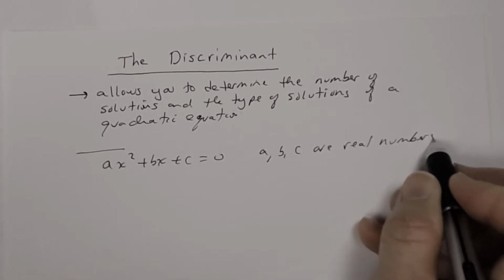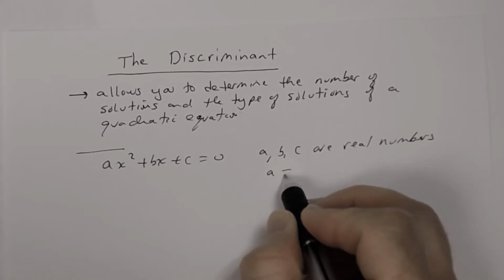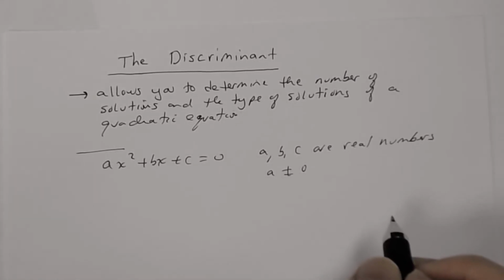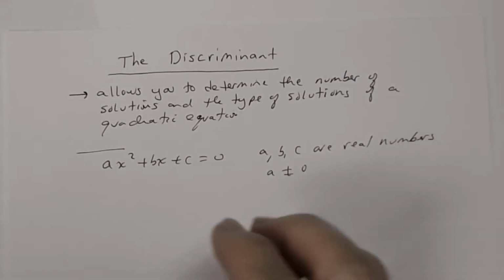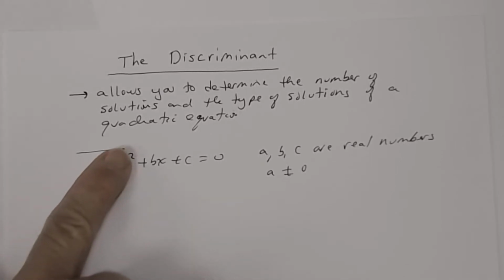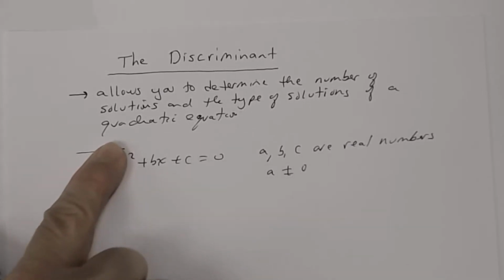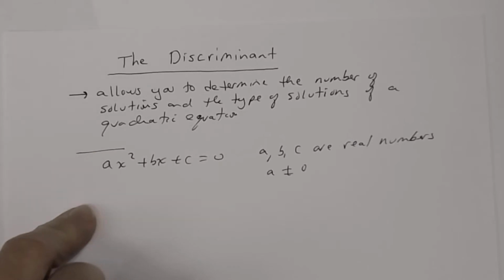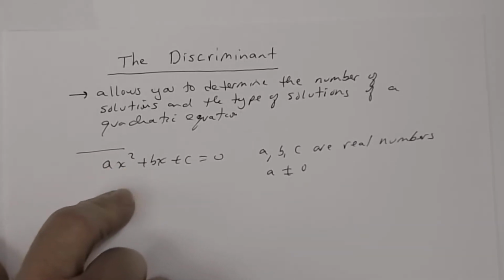And you were also told that a could not be 0. So a could be any real number, but a could not be 0. And remember, the reason for that is because if a is 0, you're left with a linear equation instead of a quadratic.